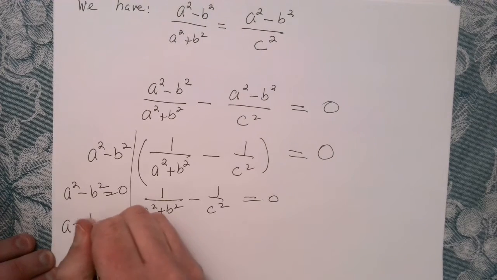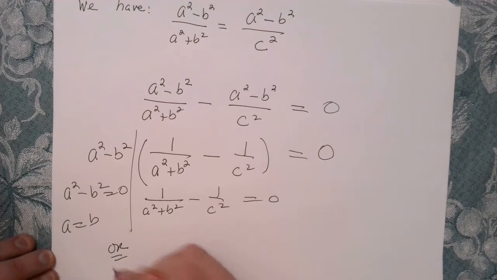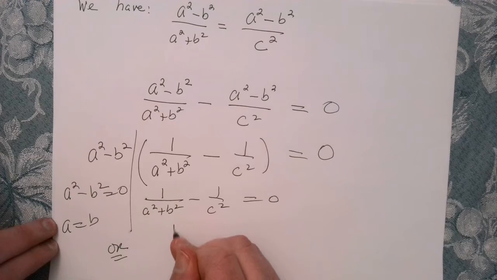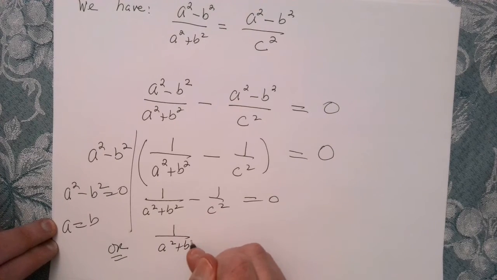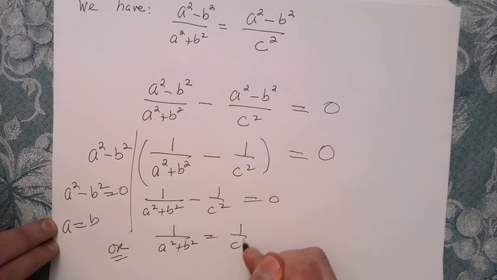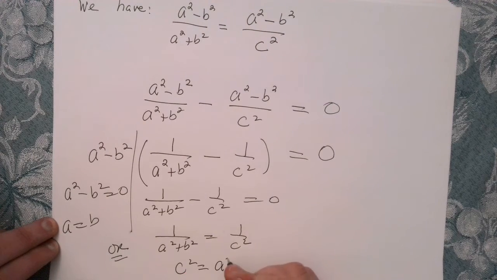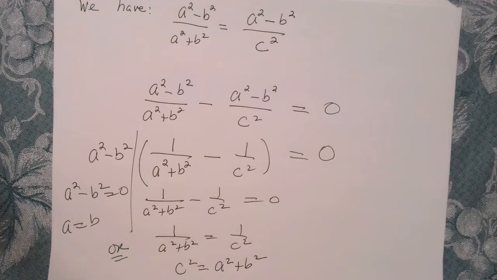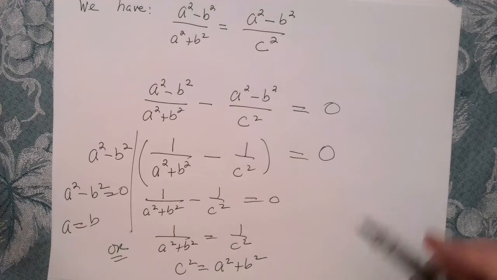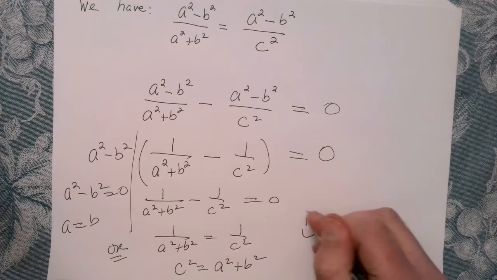So I either have a equals b, or I have 1 over a squared plus b squared is equal to 1 over c squared. But by cross multiplication, that gives me that c squared is equal to a squared plus b squared. So I either have that my triangle is isosceles, or it's a right triangle. So really, really neat problem.